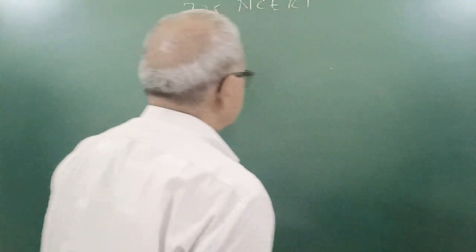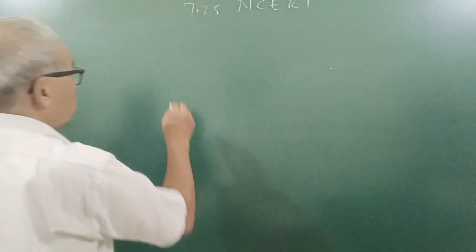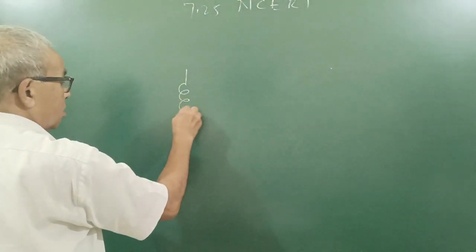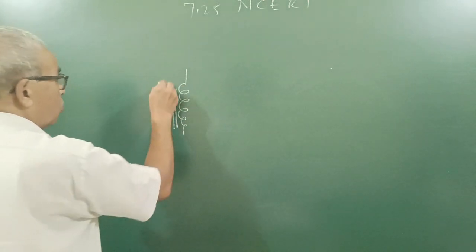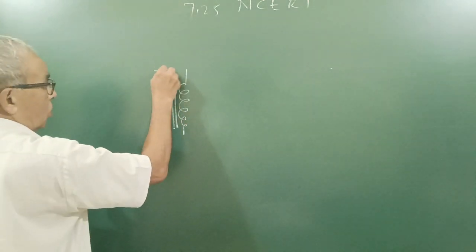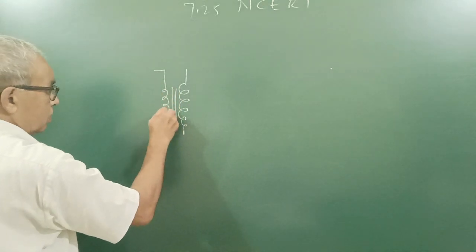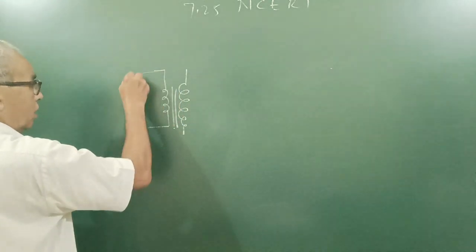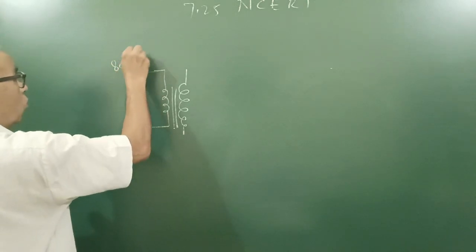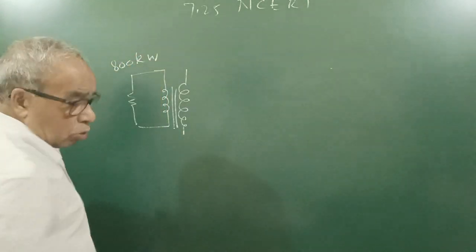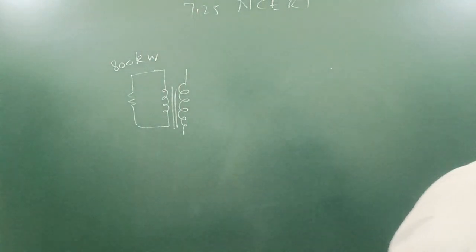7.25, yes. They say a town is getting power through a step down transformer, whose voltage here, it is a load resistance, and it needs 800 kilowatt through a transformer.